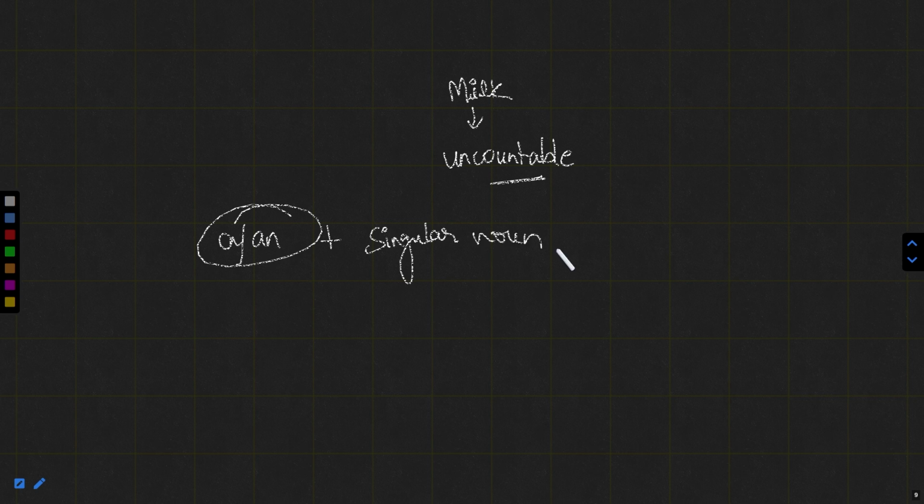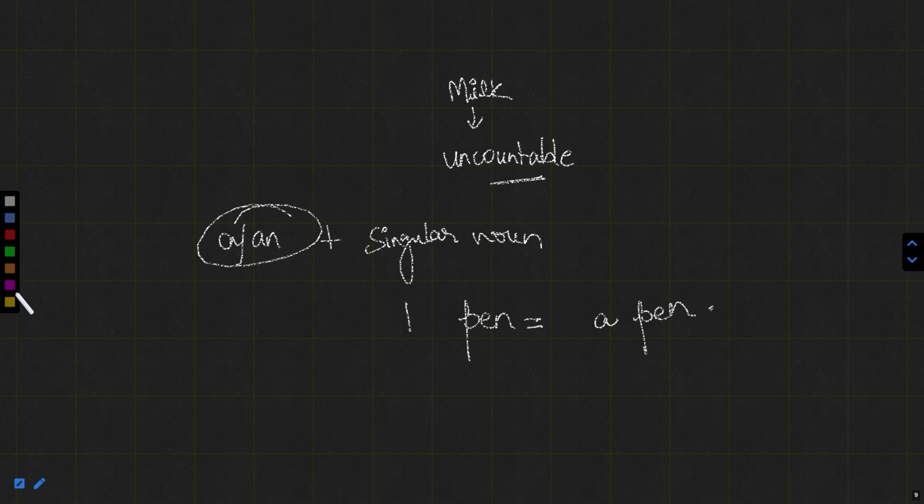For example, if I have a pen, that is I have one pen, so one pen means a pen. So I can say I have a pen, I have an umbrella. It means one. But something which is not countable or which is uncountable, we cannot state it as singular or plural.